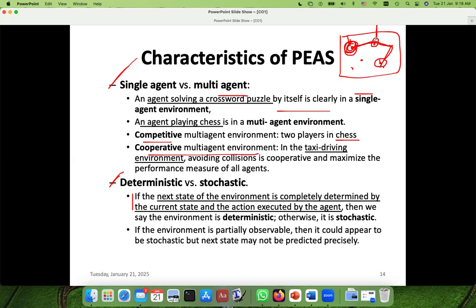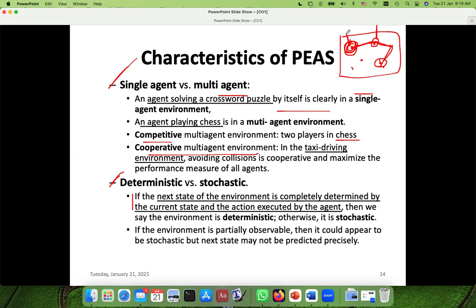Again, your agent is at the current state, and if your agent has the ability to process that if I go from this city to that city, then where will I reach? The next city.